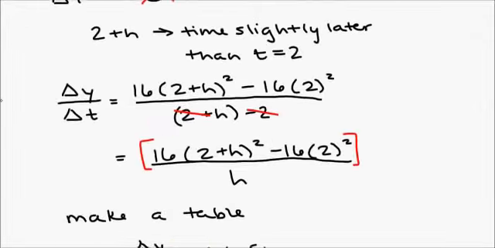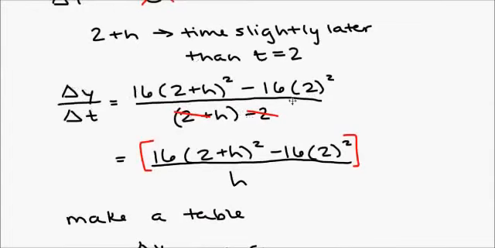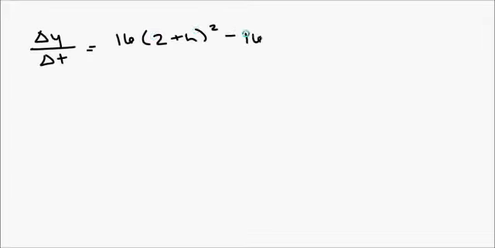Okay. And we can actually confirm this algebraically. So that was kind of a guess, but we want to know for sure. So we're going to work out this equation and simplify it. So we have delta y over delta t equals 16 times 2 plus h squared minus 16 times 2 squared over, we said that simplified to an h.